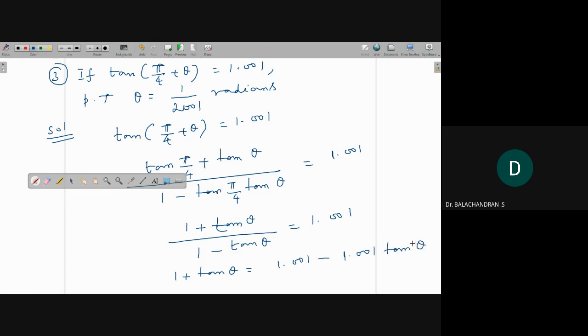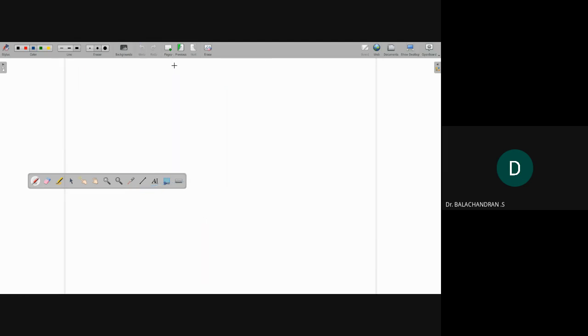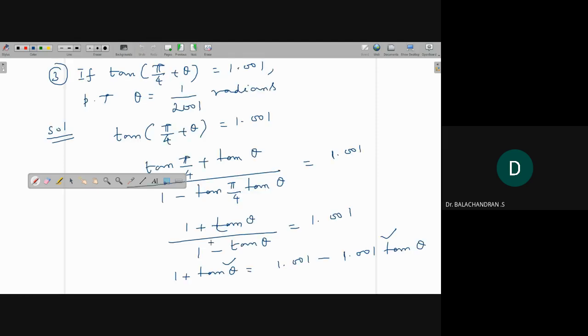Okay, and if you collect these two on this side, you'll get 2.001 tan theta, because here we have 1 and here minus 1.001.